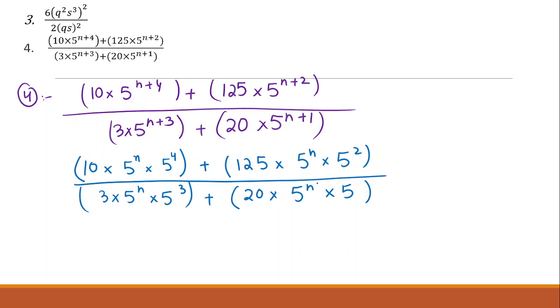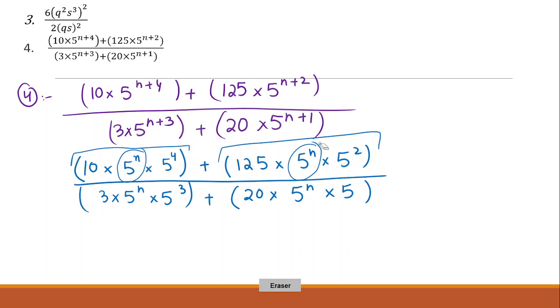Now if you see in this term and in this term, 5 to the power n is common in both the terms, right? There are some other things which are common, but we are just looking at this 5 to the power n.